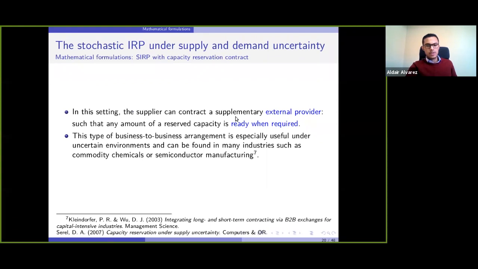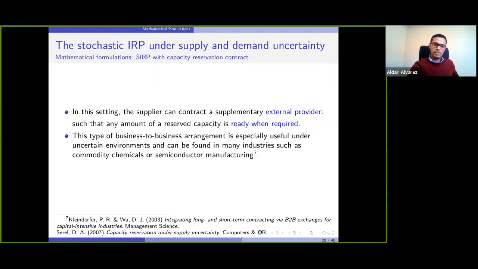Again, that extra supply comes from an external provider and is ready if contracted. This is not something that we just came up with. This is something that exists in practice and in the literature, and we're exploring it for the first time in the context of the inventory routing problem.